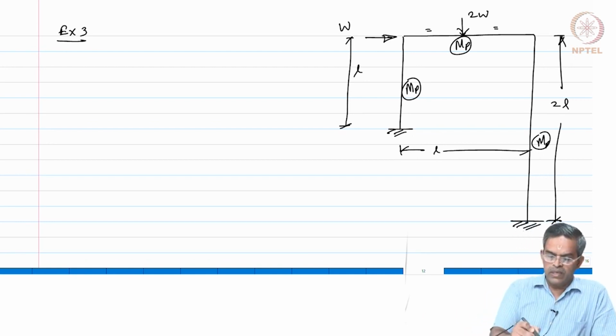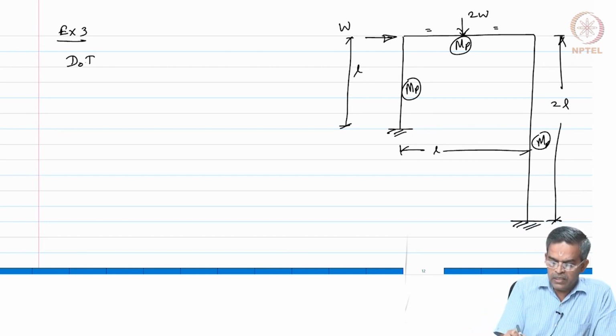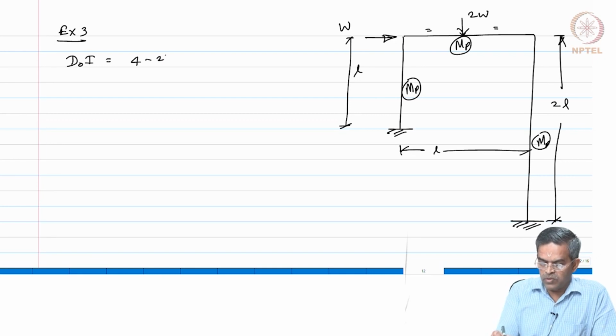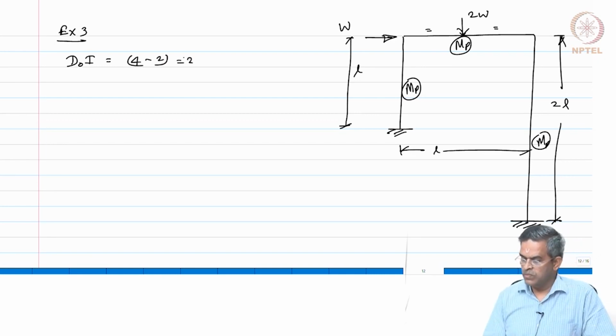So, let us quickly see the degree of static indeterminacy for this problem. Neglecting axial deformation, it will be 4 minus 2, which is 2, because we are neglecting axial deformation.